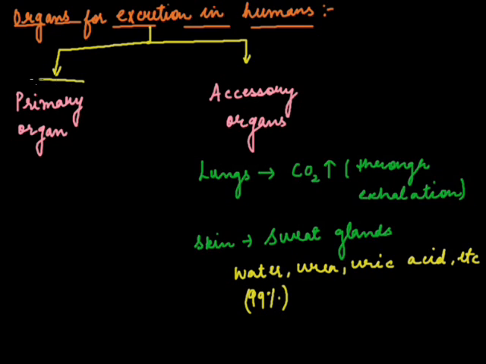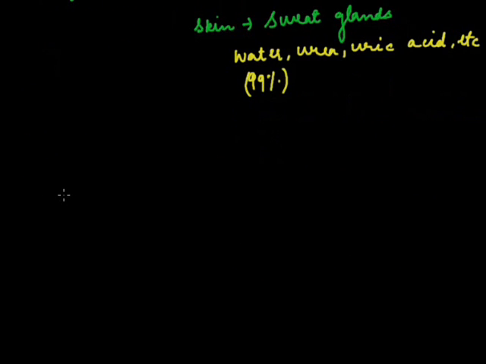Our major concern is the primary organ. The primary organ responsible for excretion in humans is the kidney. However, it is not only the kidney which is solely responsible for excretion, it is the entire excretory system.